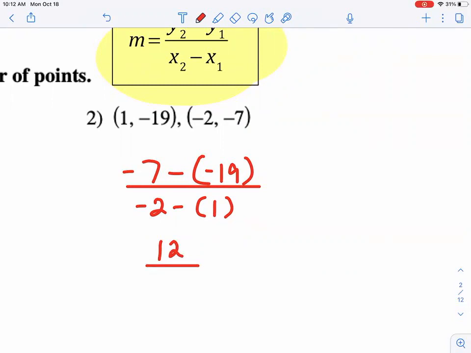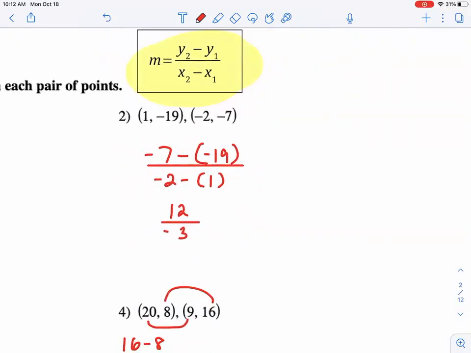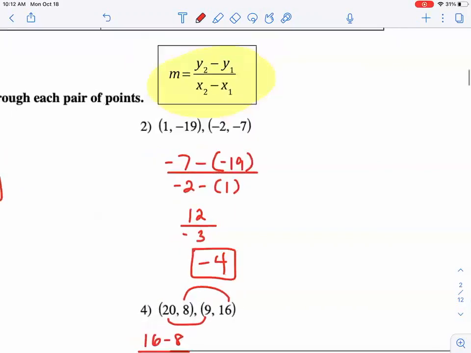And -2 minus 1 is -3. And so when you reduce that, 12 divided by -3 is -4. Okay, or you could write it as -4 over 1, and that would be perfectly fine, if that kind of helps you when we get to the graphing stuff.